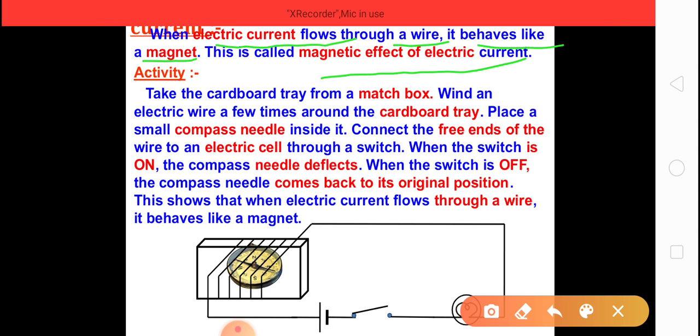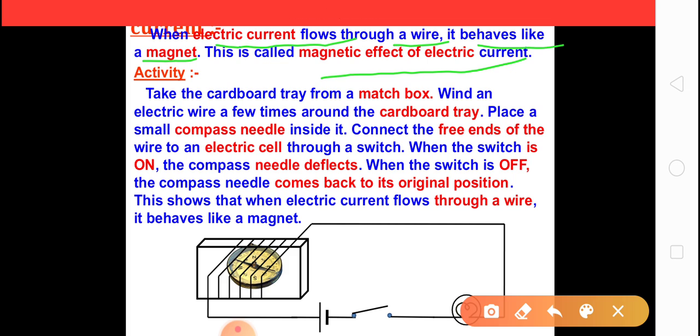electric current. Okay, so you have learned that the needle of a magnetic compass points in the north-south direction when at rest. When a magnet is kept close to a current carrying wire, the needle gets deflected.